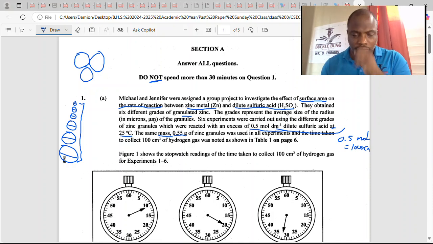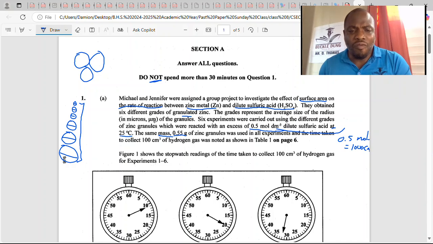Beautiful. And so if you had the small one at 0 degrees and the larger one at 100 degrees, it's no longer only about surface area. We have temperature as a factor that we have to consider.